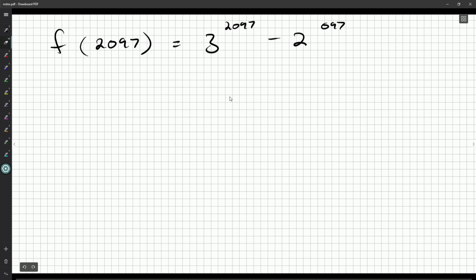And that is way too big for my calculator. So I couldn't just compute this and ask, are you divisible by 97? So there's got to be some sort of trick to this. Oh, wait, no, it's minus 1. 2096 minus 2 to the 2096.